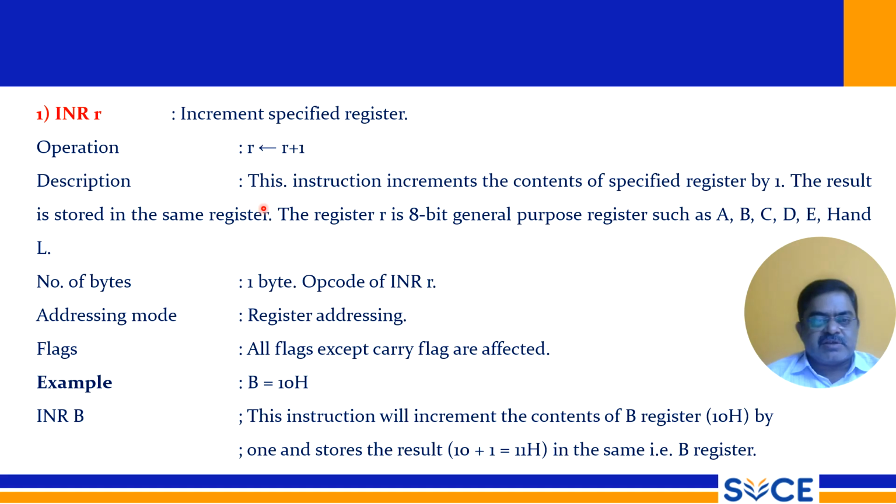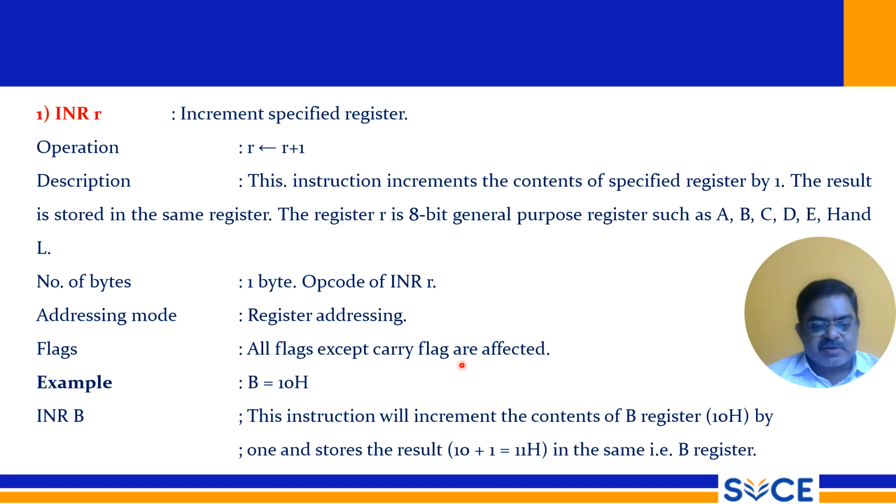Increment means the contents will be incremented by 1, adding 1. This instruction increments the contents of the specified register by 1. The result is stored in the same register itself. The register R is an 8-bit general purpose register A, B, C, D, E, H and L, and it is a 1 byte instruction, register addressing mode.